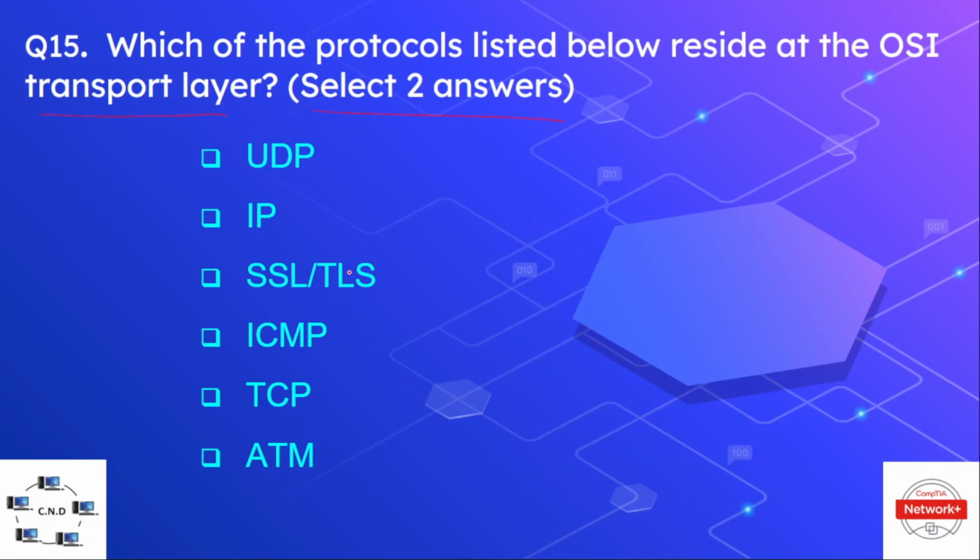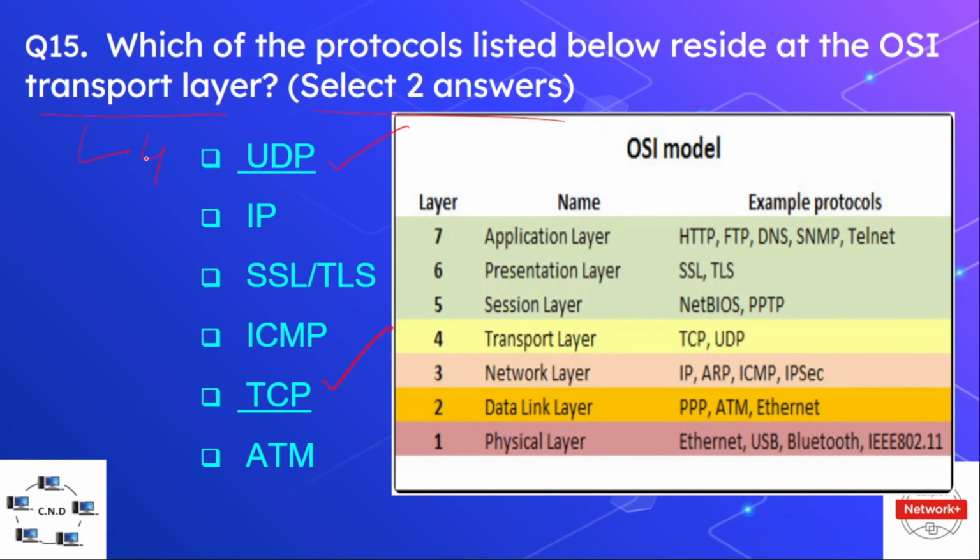In the transport layer there are 2 popular protocols, that is UDP and TCP. UDP and TCP operate at the transport layer, also known as layer 4.